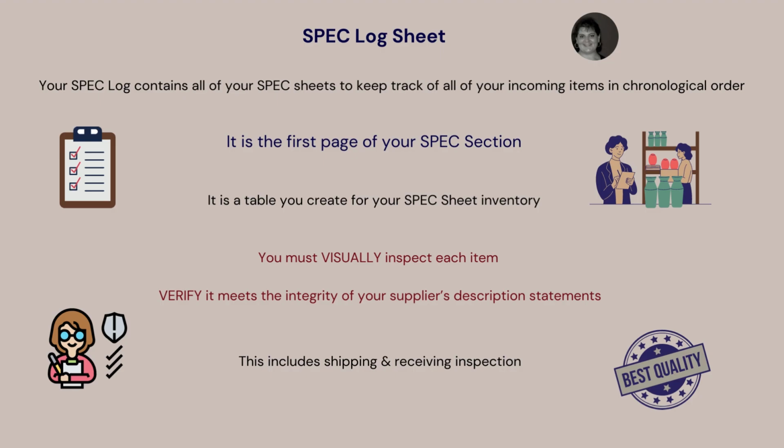Now your spec log keeps track of all incoming items, so you should also take notice of those items that take a while to ship out and for you to receive. If you decide to make a product without it, then you must go through the process of locating your SOP version history for any substitutions. Now your spec log must be kept current, same as your SOP log.